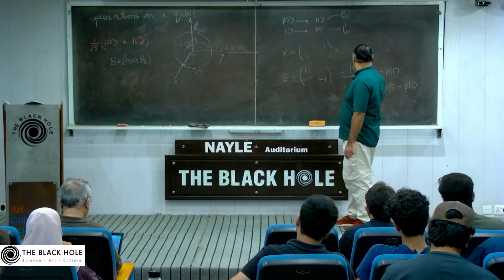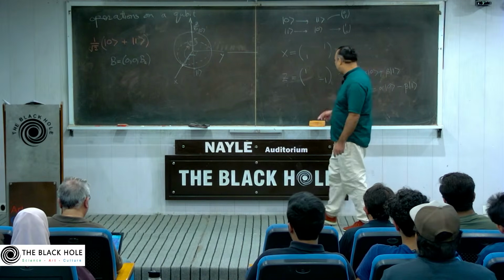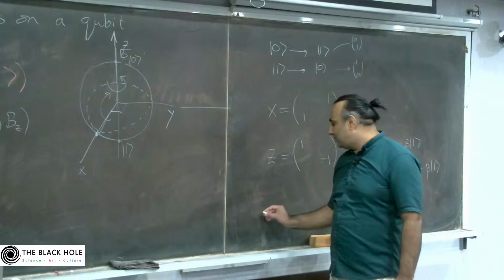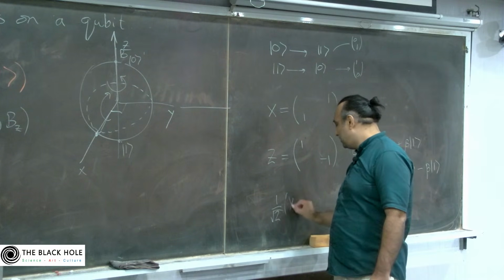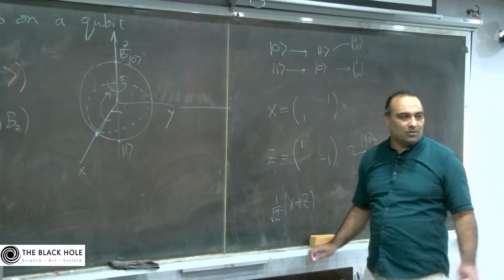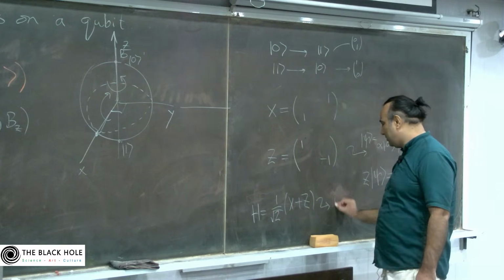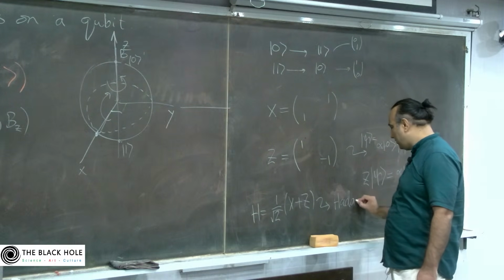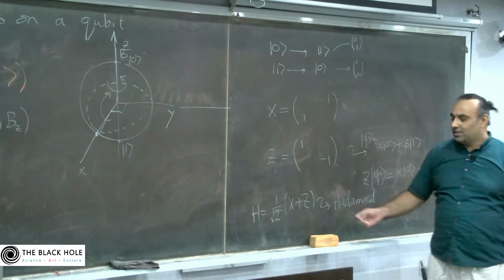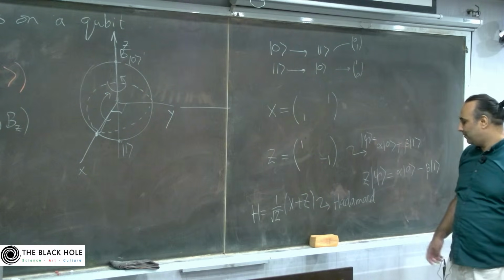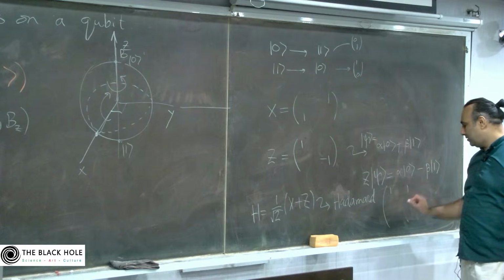There are other operations on one qubit as well, and I need one more. It's like this: 1 by square root 2 times x plus z. It has its own name, Hadamard. This is a transformation with this kind of structure.